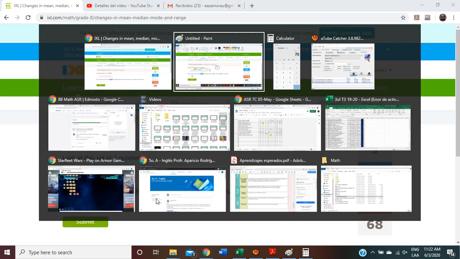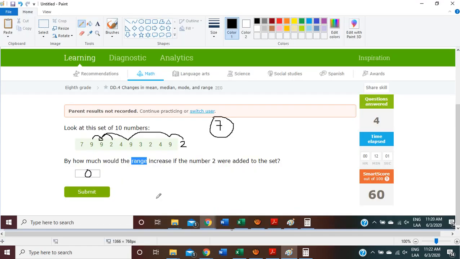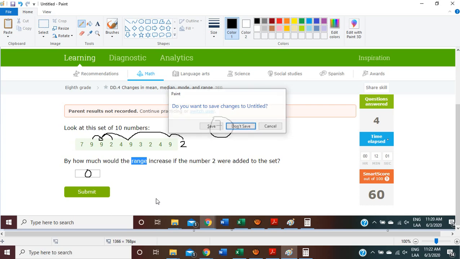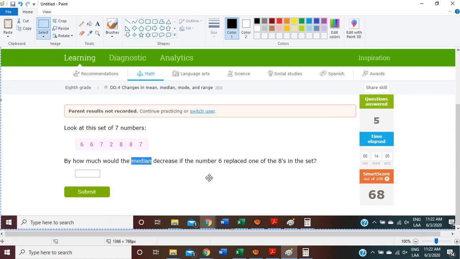So we need to know the current median. All right, so our current median is going to be, okay, the lowest number is 2. Okay, and then we have a 6 and then another 6.